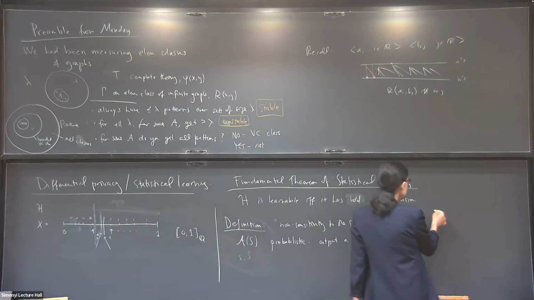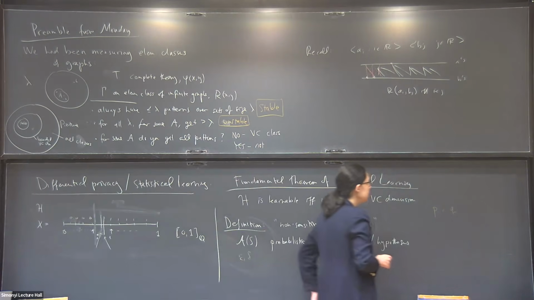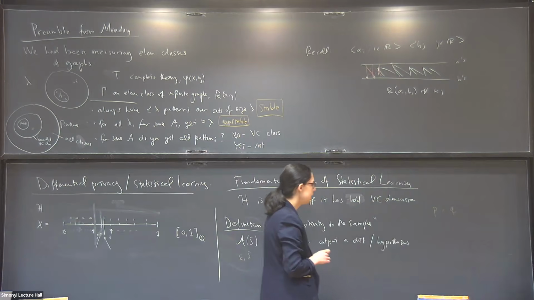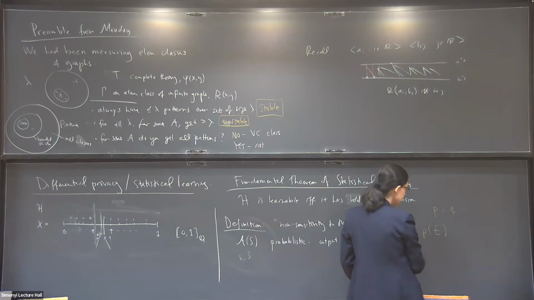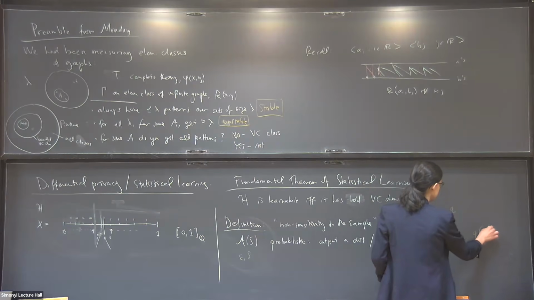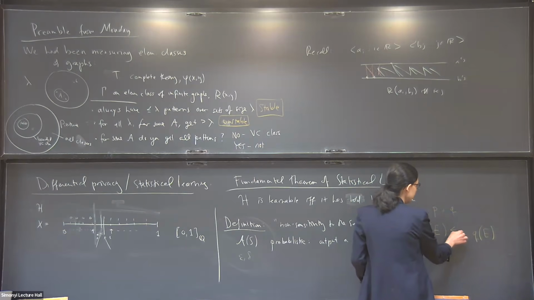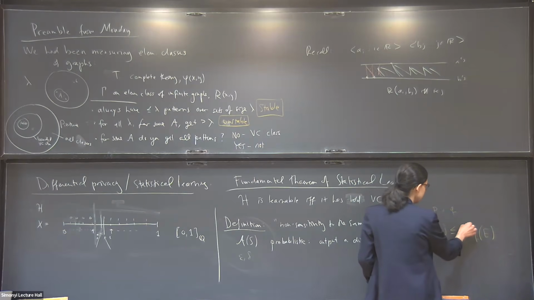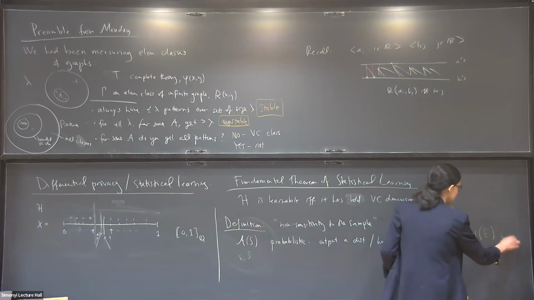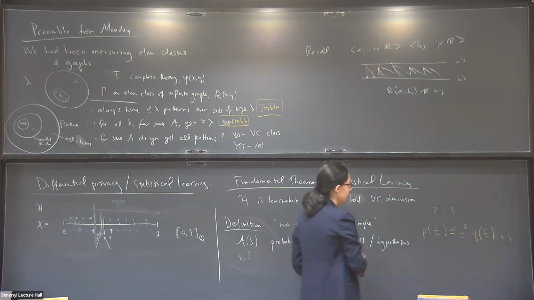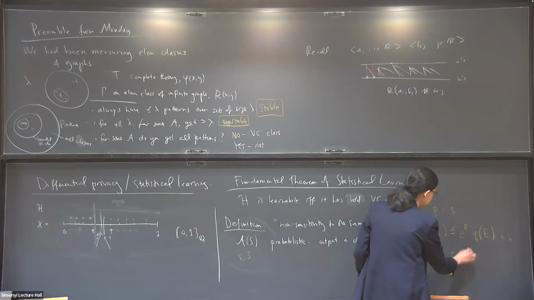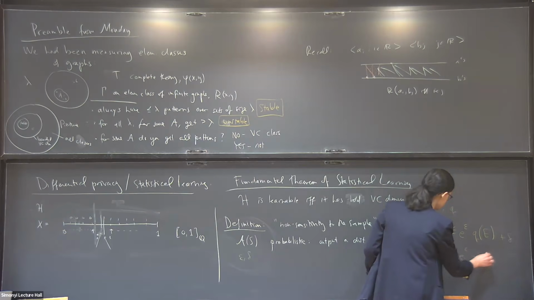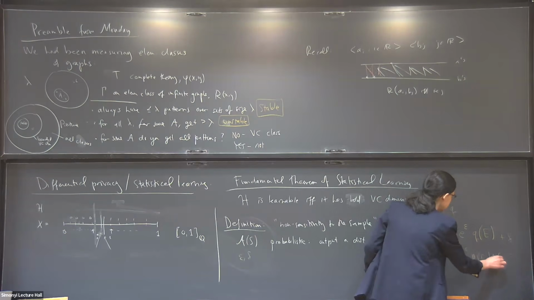So if you've got some P and Q, two probability measures on the same set with the same sigma algebra, you could say for any event E, let's look at the probability of E under P, and compare it with the probability of E under Q. You ask whether P(E) is at most e to the epsilon times Q(E) plus delta, and also in the other direction, Q(E) is at most e to the epsilon times P(E) plus delta.